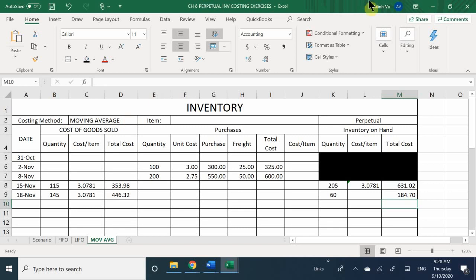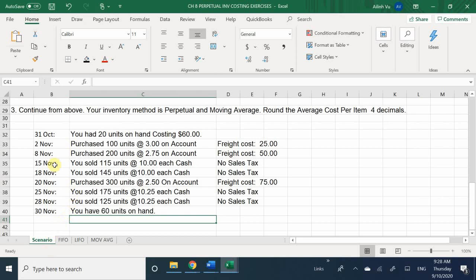Okay, so what has happened next for the 20th of November? We purchased 300 units more at $2.50.